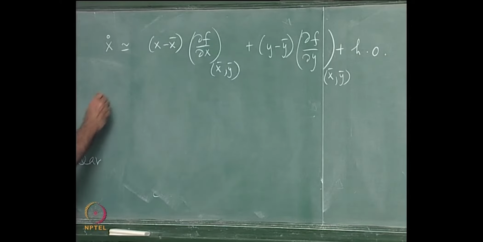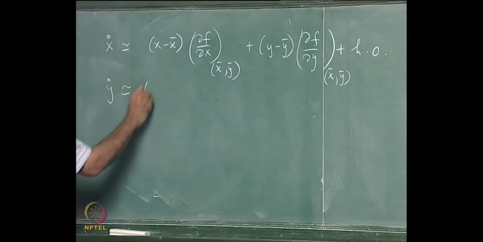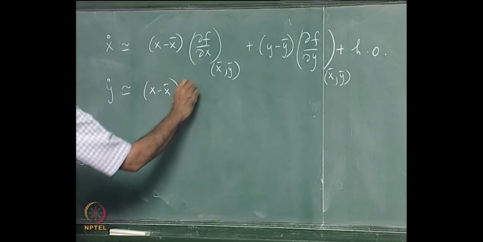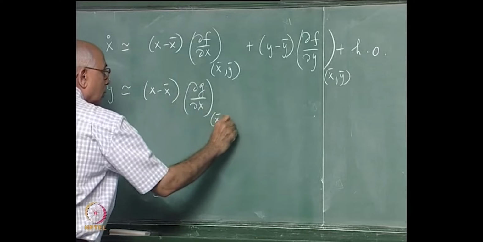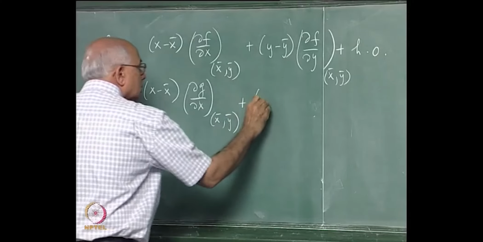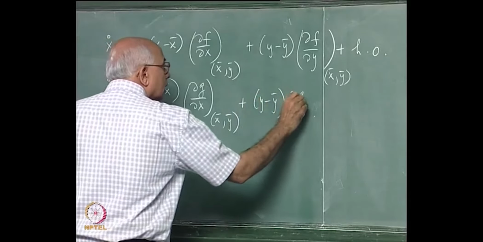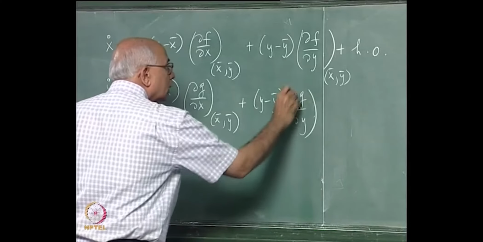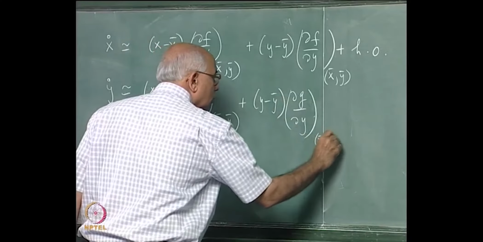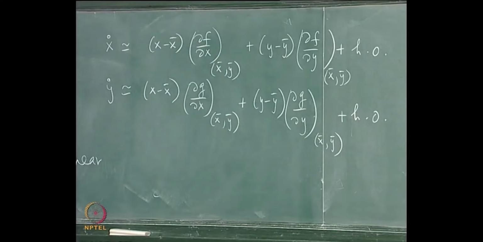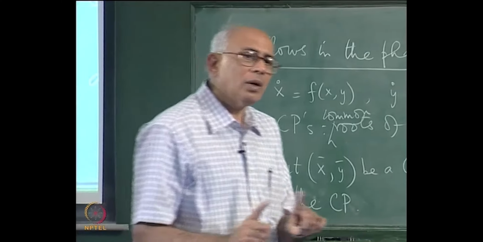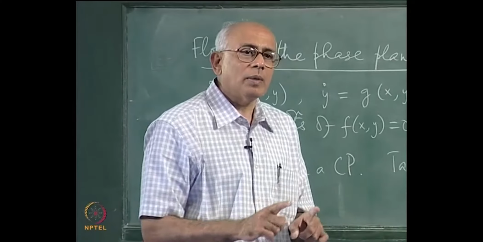Exactly similarly, y dot is x minus x bar delta g over delta x at the critical point, plus y minus y bar delta g over delta y at x bar y bar, plus higher order terms. I could therefore make life simpler by shifting my origin to x bar comma y bar.